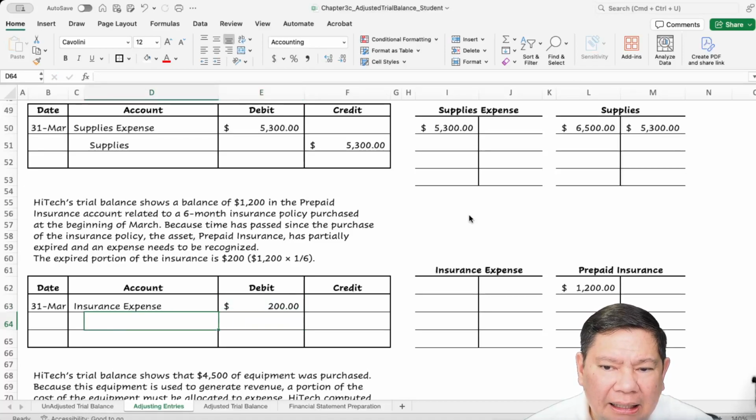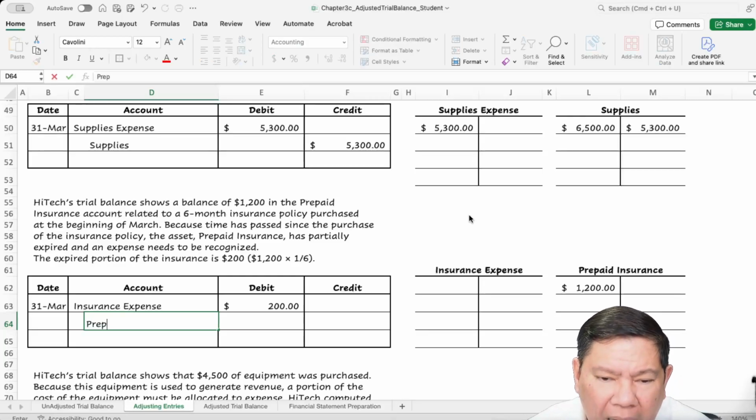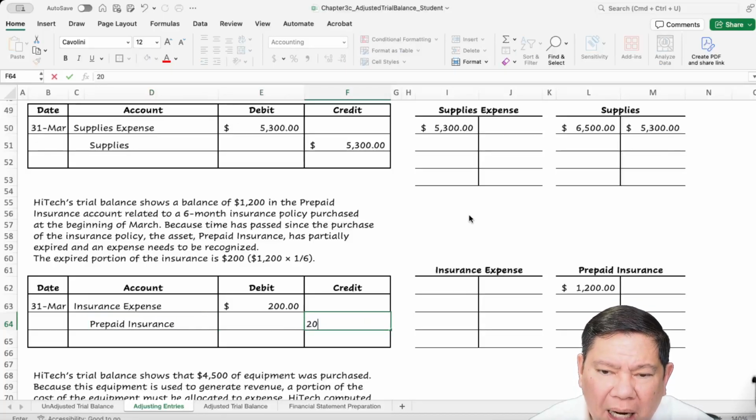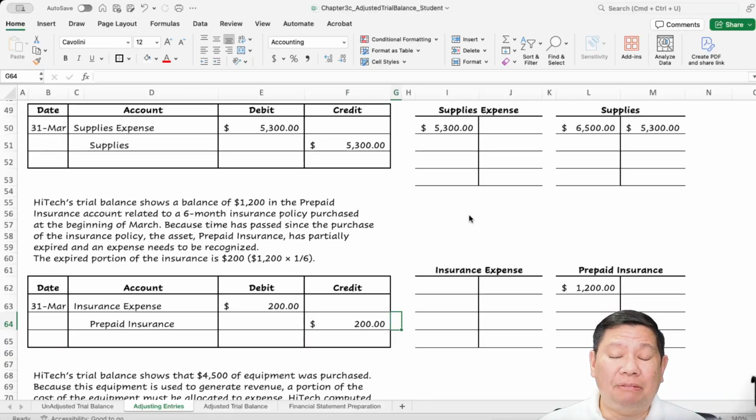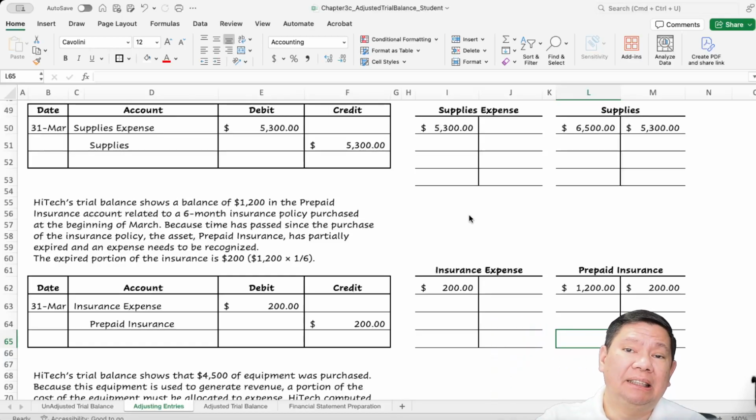Okay, and as a result, our asset that was originally for 6 months now is only 5 months, so we have to deduct that by 1 month. Prepaid insurance should go down by $200. We still have 5 months left. Okay, so we recognize $200 insurance expense, and our asset should go down by $200 to $1,000. That $1,000 covers the next 5 months.